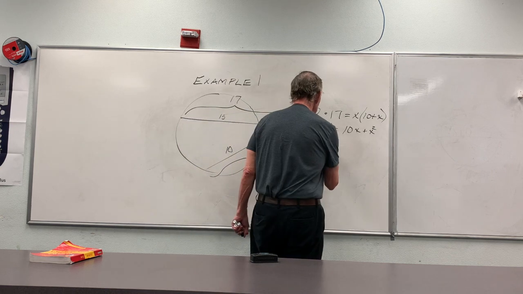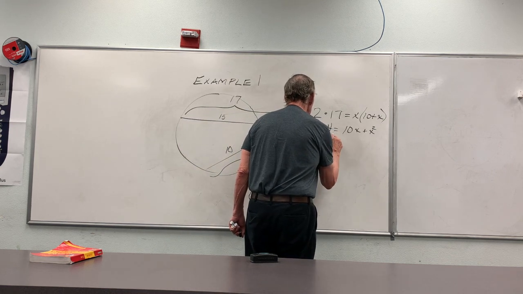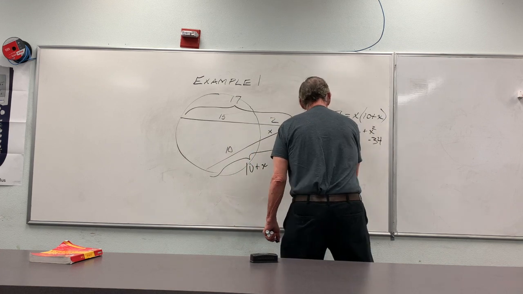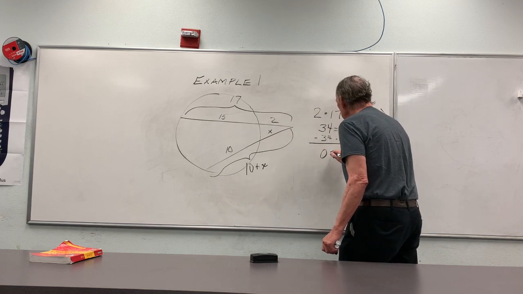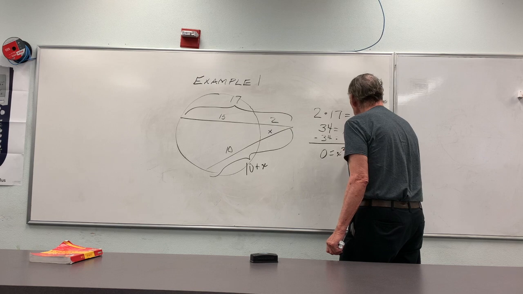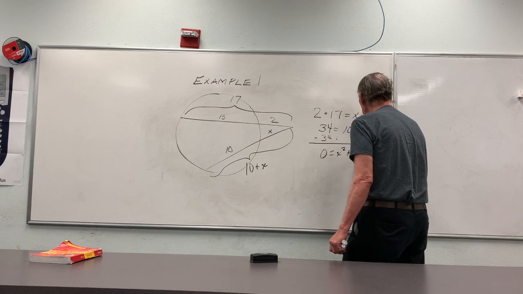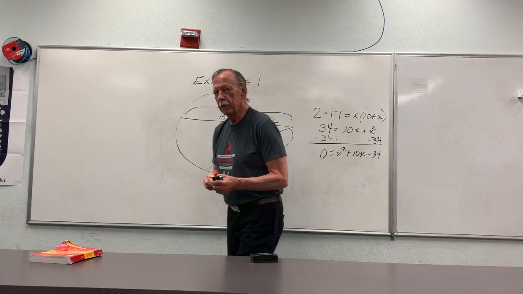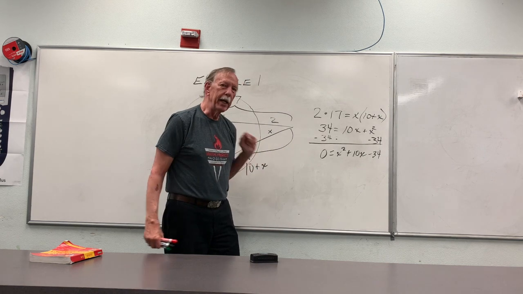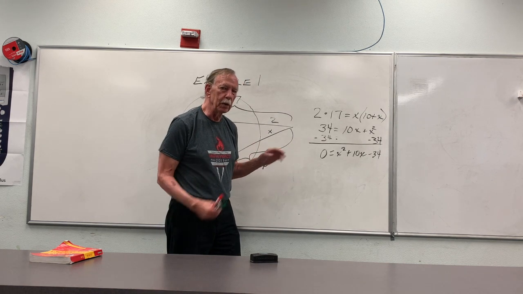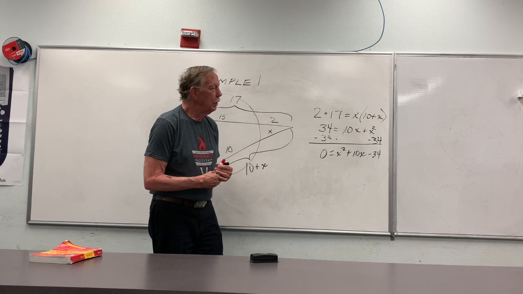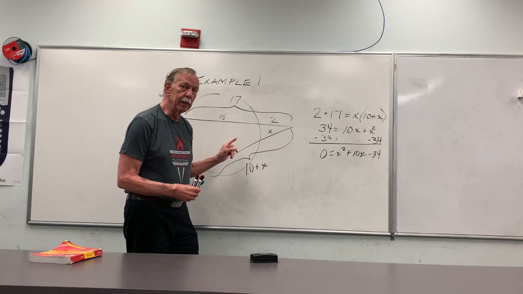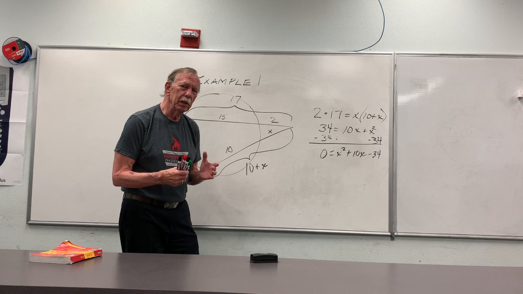Subtracting 34 from both sides gives us a quadratic equation, and we can solve quadratics. That's algebra. We're not going to solve that right now. This example was to show you how to go about solving it. So let's do another example.